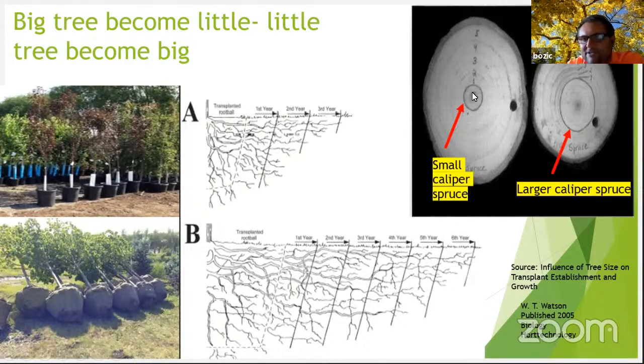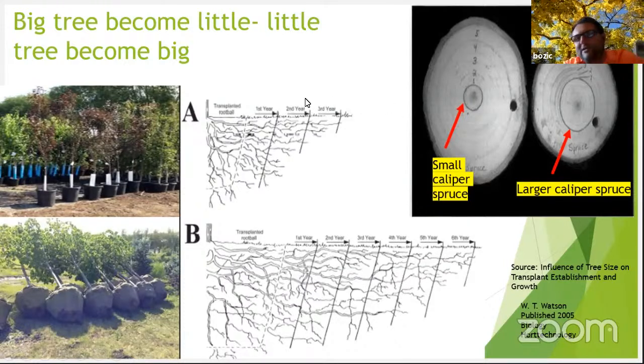But over the 5 years, the small little trees, because of the roots adaptation and developing much faster roots, became much bigger than the one that you started with, the 4-inch caliper tree. So again, this is a prime example of this saying that the small tree, what used to be 1 inch, after 5 years is much bigger than the tree that was 4 inch in caliper, which became smaller.